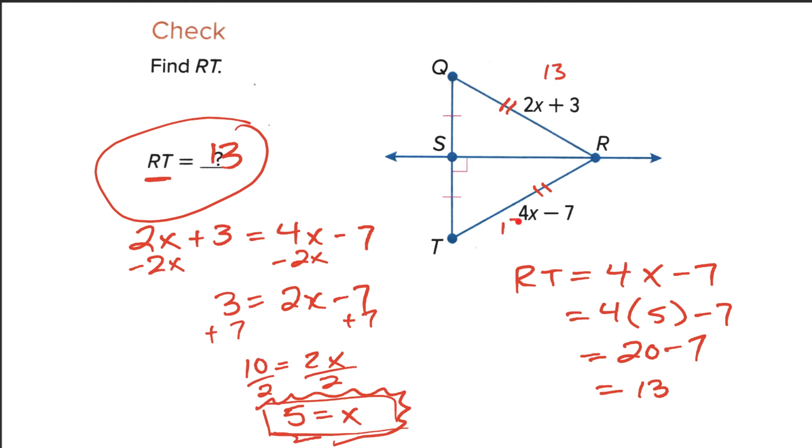What's also important is that those segments actually are the same. Otherwise, something went wrong in the problem. And always make sure we actually answer the question. A lot of problems that make you solve for a variable ask you actually to find a length and plug it back in. So anyway, there's one way we'd be asked how to use a perpendicular bisector.